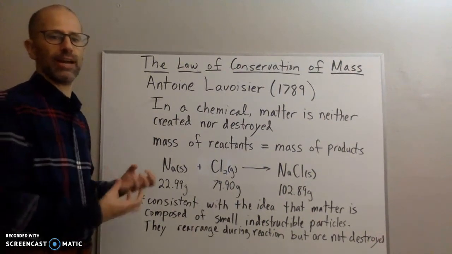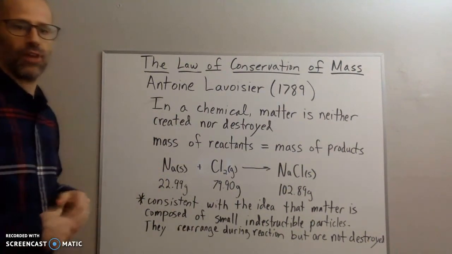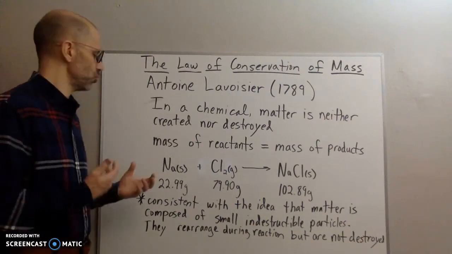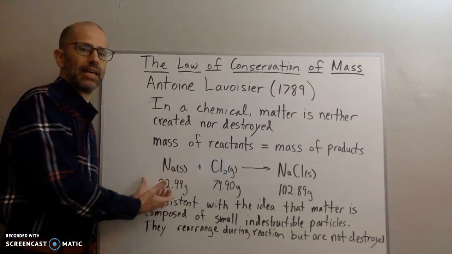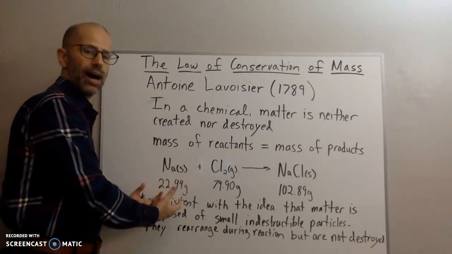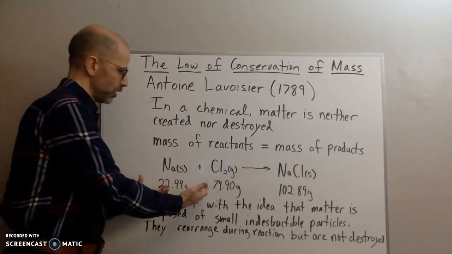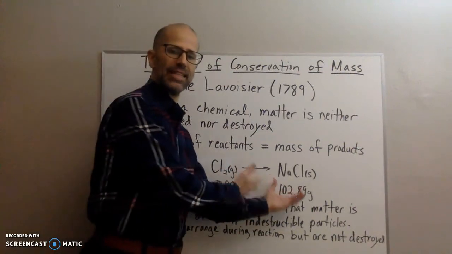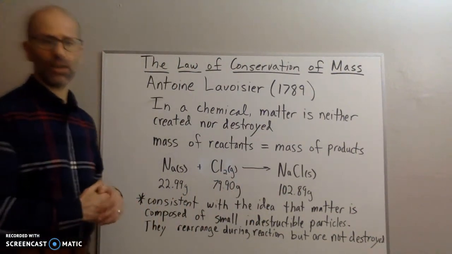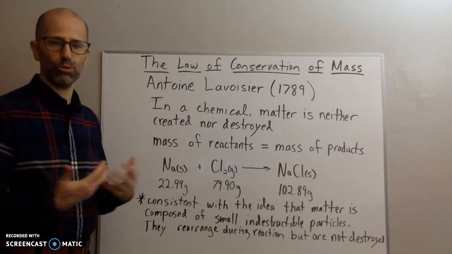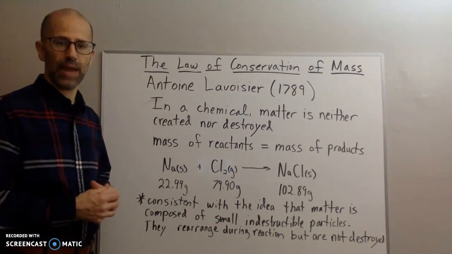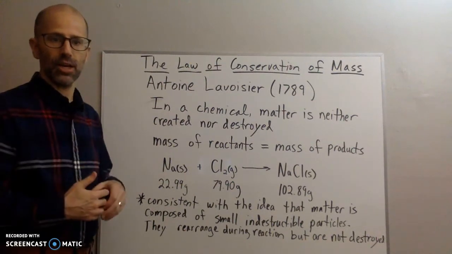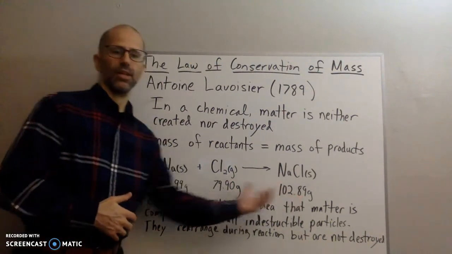So if that is true, then you would definitely expect that if you have the same atoms on one side of the equation, you have the exact same atoms on the other side of the equation. So you don't lose the atoms, and the atoms have a particular mass, so you're not losing any mass. So you would expect the masses to be the same.